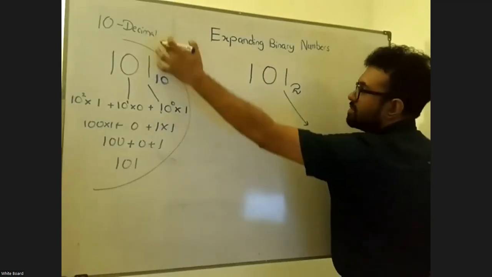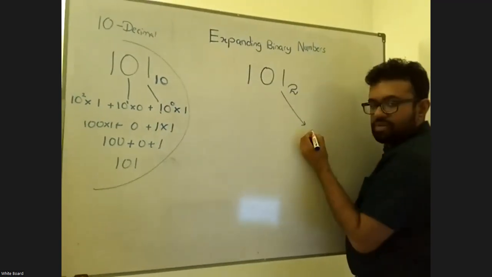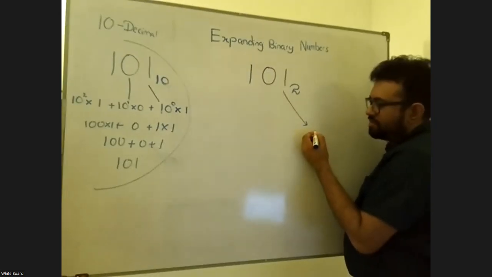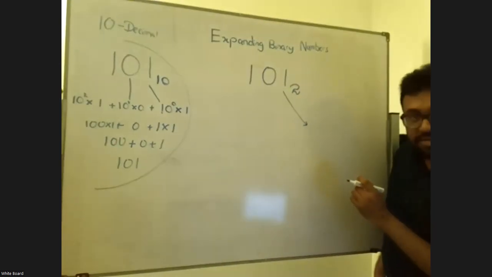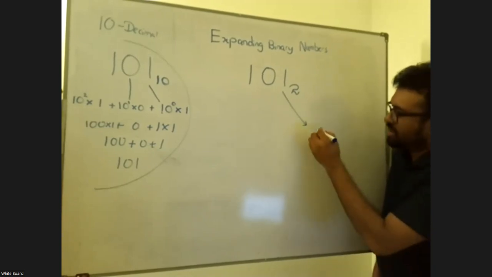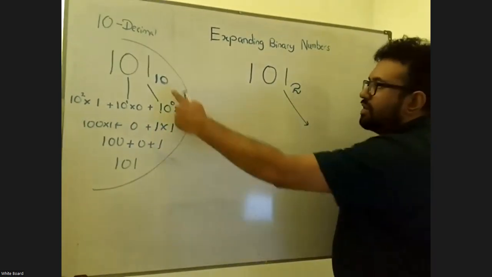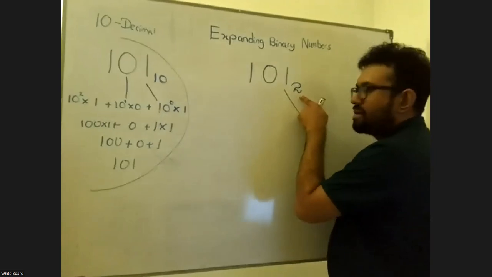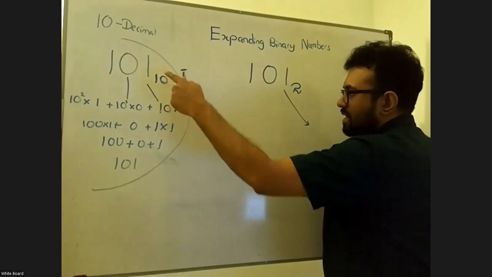If it is base 10, this is 10 to the power 0.